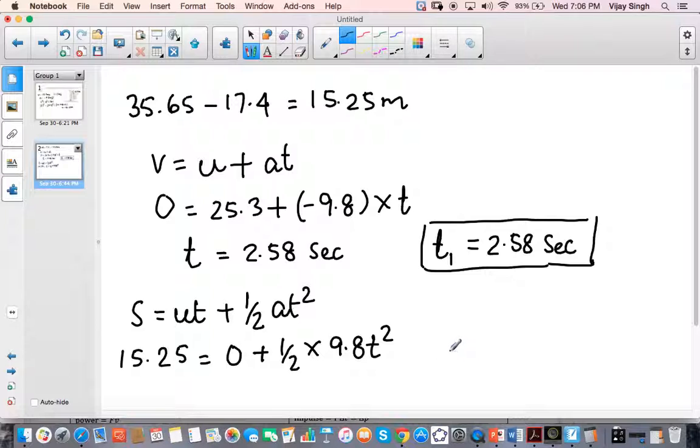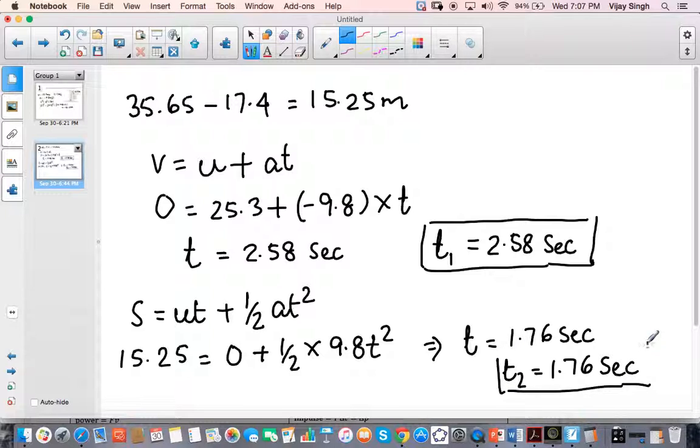When we solve this equation, we get t equals 1.76 seconds. Let me call this t2, which is 1.76 seconds.